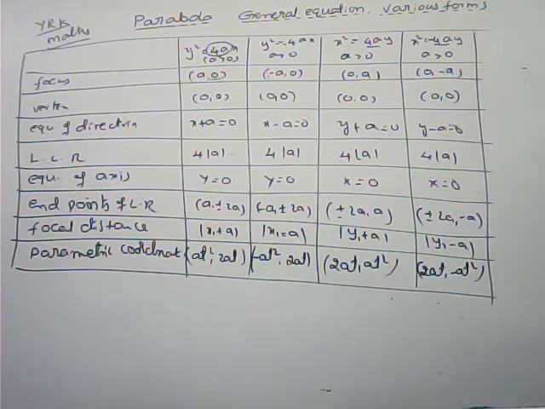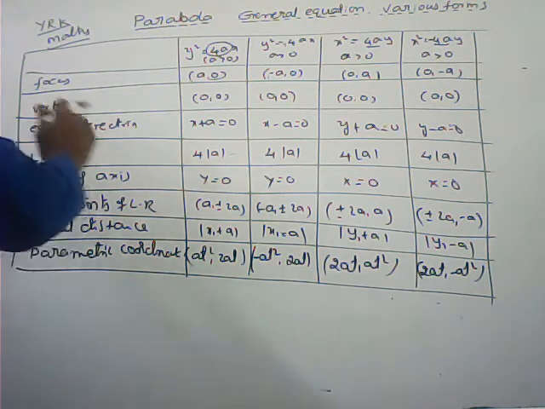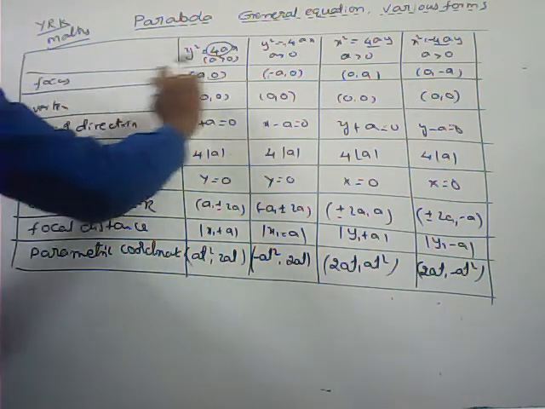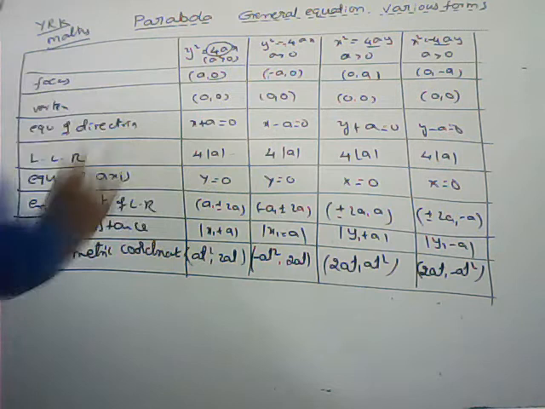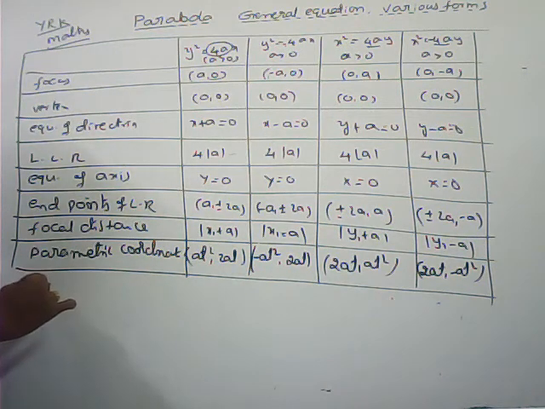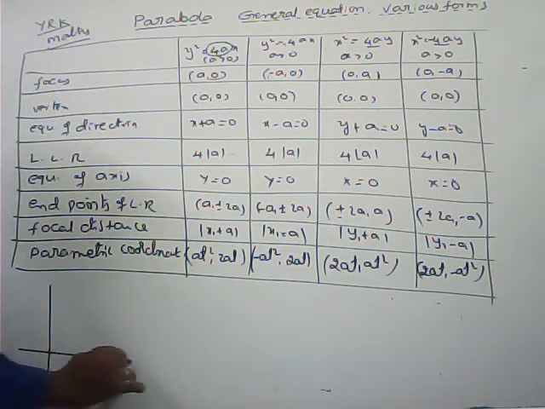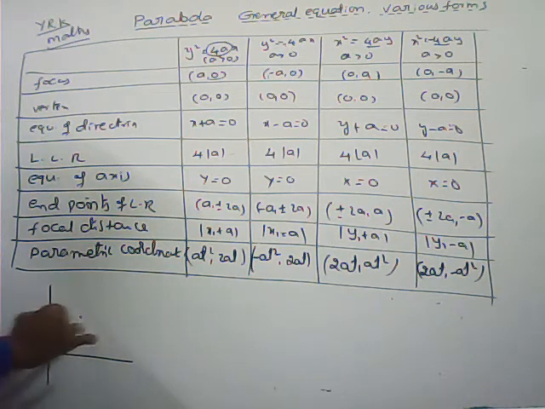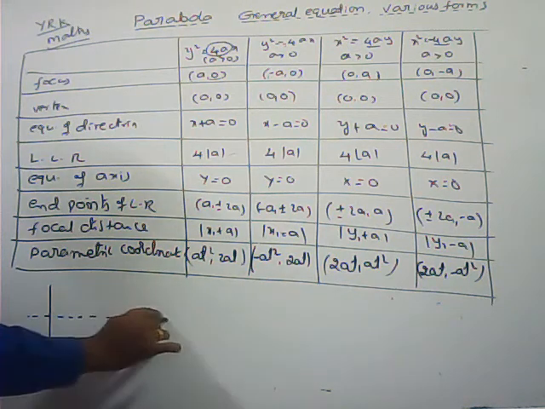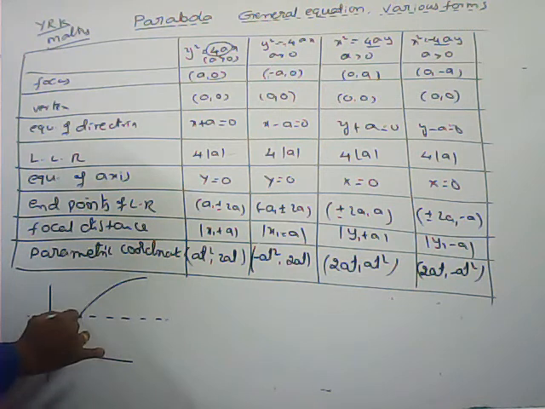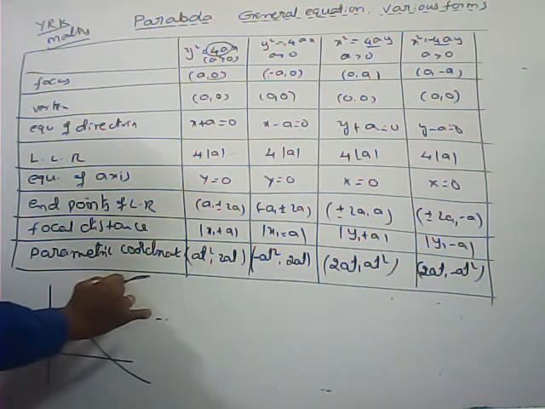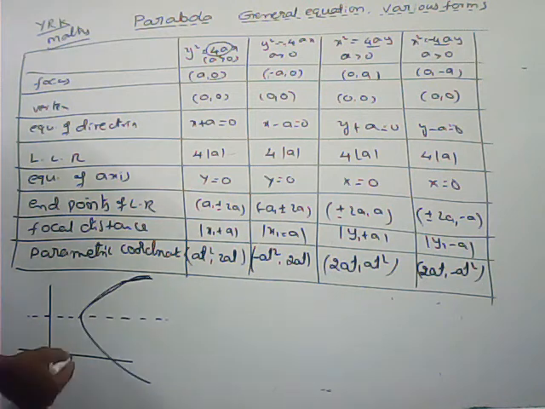Now here only we can discuss this one. Here everywhere the vertex is 0 comma 0 only. If the vertex is shifted to some other point alpha comma beta and whose axis is parallel to x axis, this is one of the parabola whose axis is parallel to x axis.